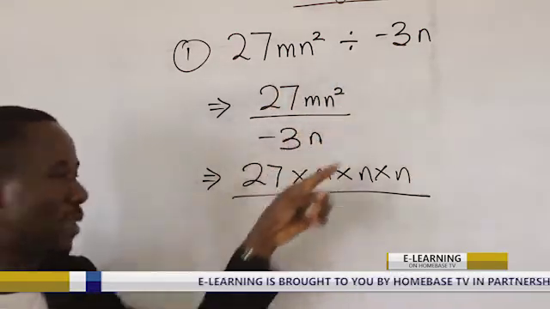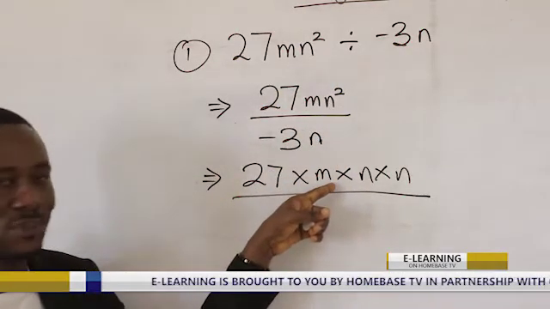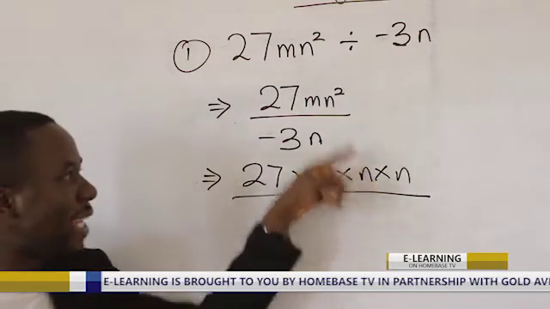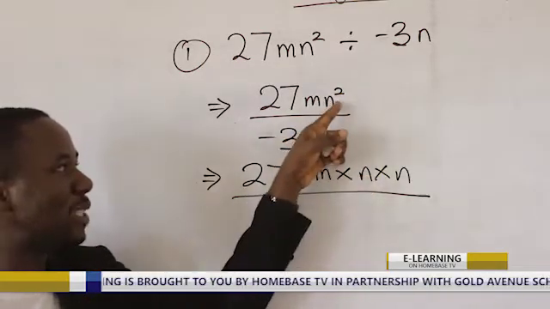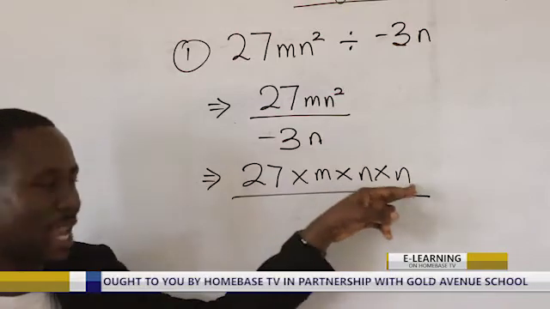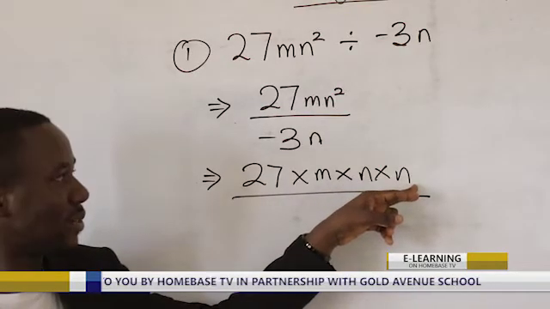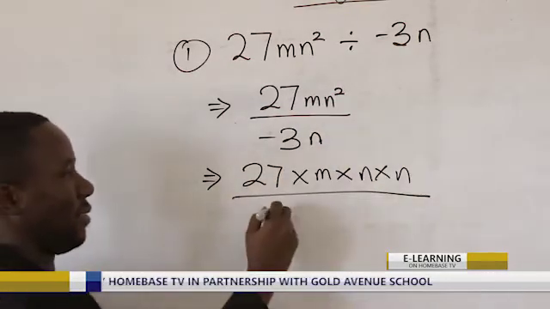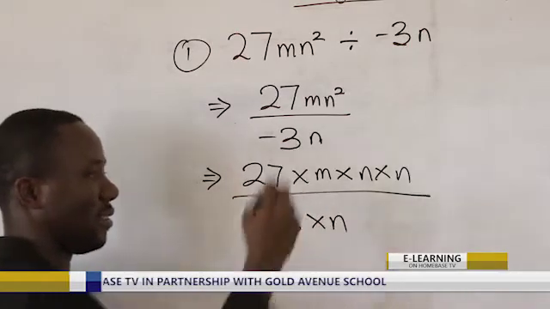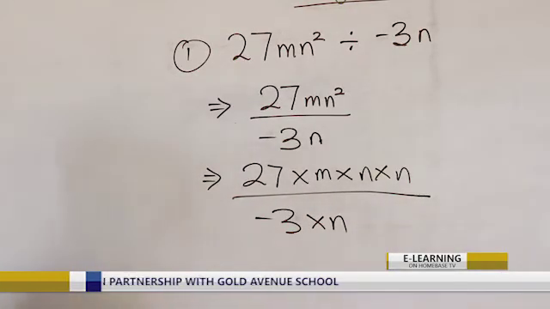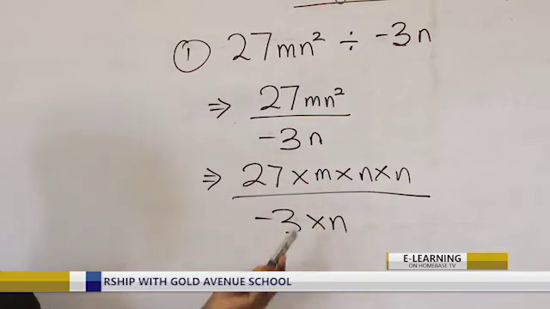The top ones are multiplying. So 27 times m, you only have one of it. And then n is squared. N is repeatedly multiplying itself twice. So n times n. Good. Then move on to the down one. So from here, you usually get your answer.